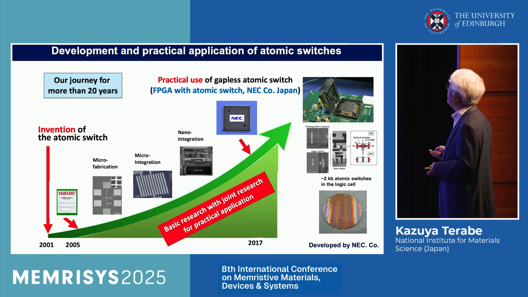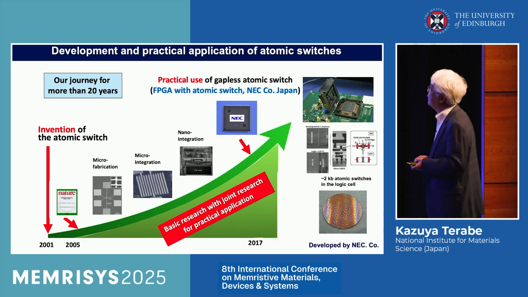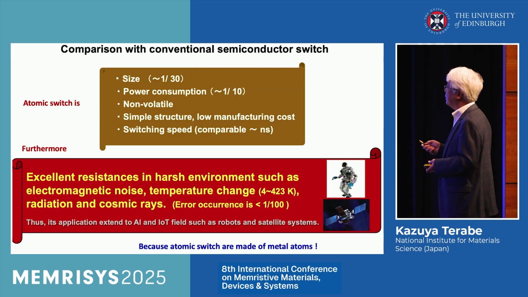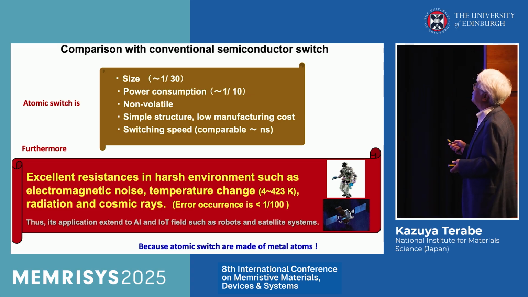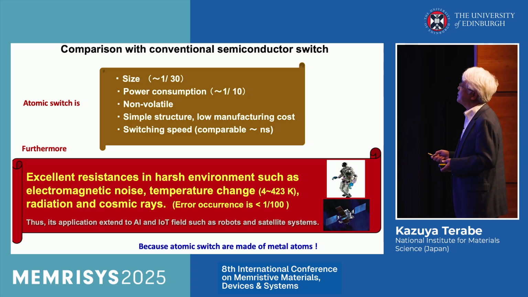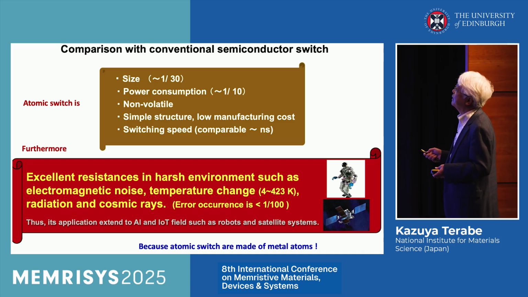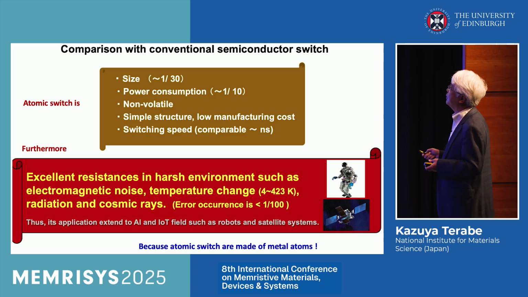This is the atomic structure in the devices. This is an FPGA chip. Compared with a conventional semiconductor switch, the atomic switch size is reduced to 1/30, the power consumption is 1/10, and it is non-volatile, with a simple structure, low manufacturing cost, and a switching speed comparable to nanoseconds.